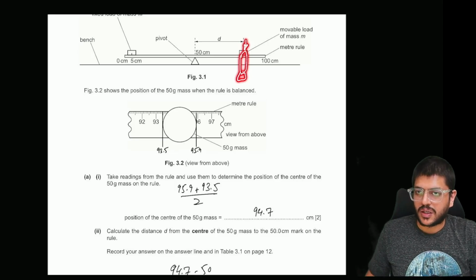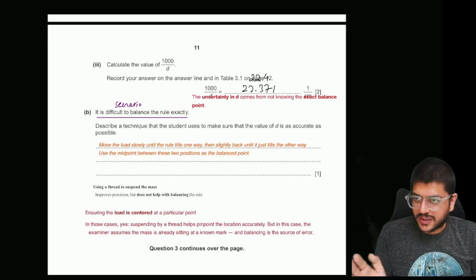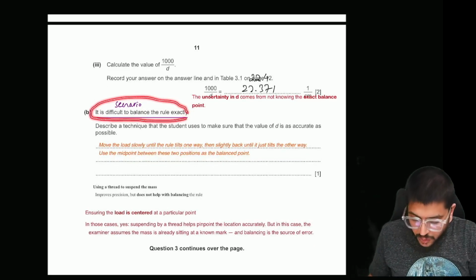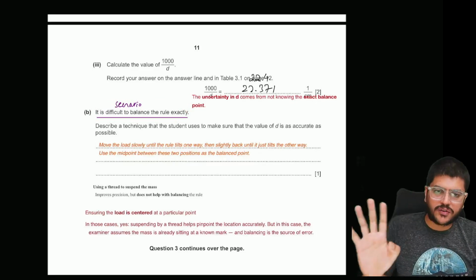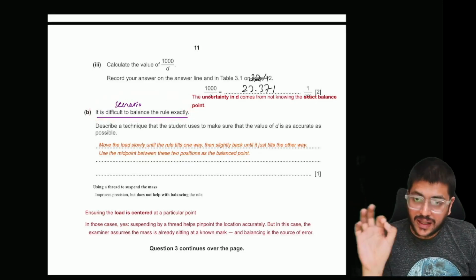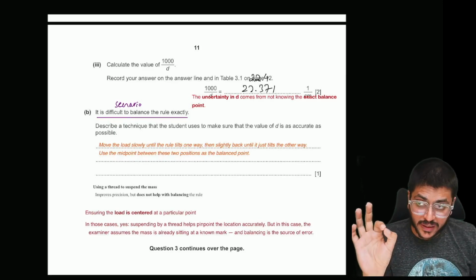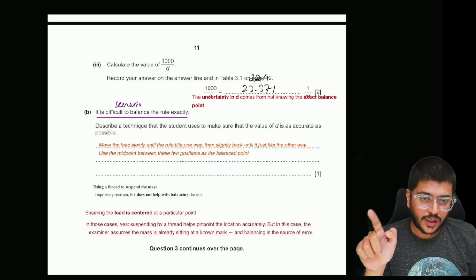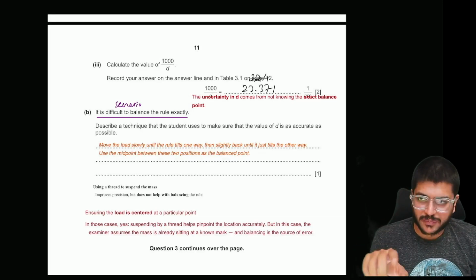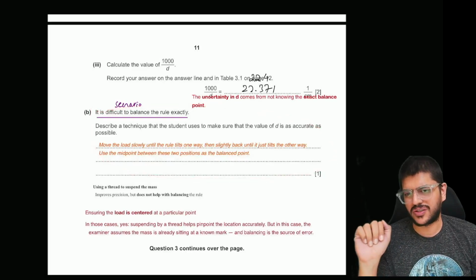Got it? But if the question is describe a technique and they've given you this scenario, you have to understand the scenario. If they didn't give you the scenario, then you could have mentioned it, but they've given you the scenario, therefore your answer has to be proper, which means you have to think of that scenario. If you're able to think of that scenario on exam day, you will be easily scoring in these questions, inshallah.